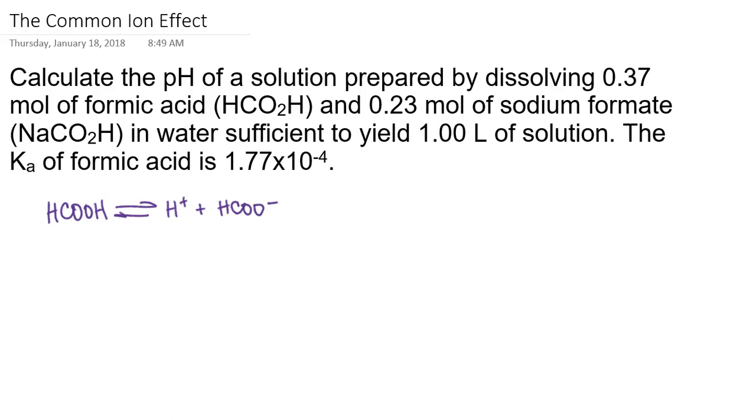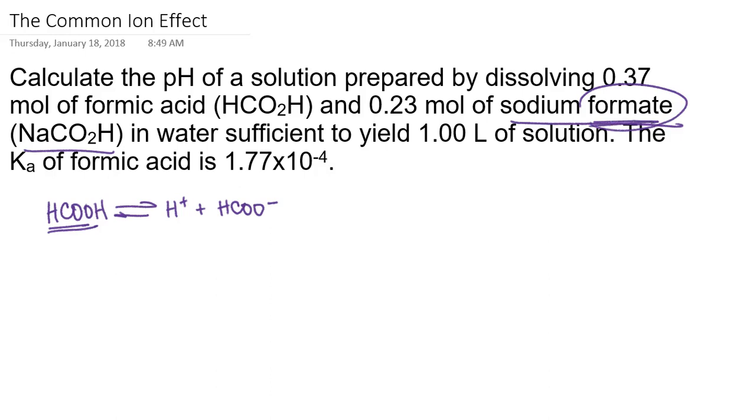Now, the other thing to keep in mind is notice that I'm actually going to be adding two things into this solution. I'm going to be adding some formic acid, and I'm also adding a salt that contains the formate ion. So sodium formate, since it's a soluble salt, will dissociate into sodium ions and these formate ions.